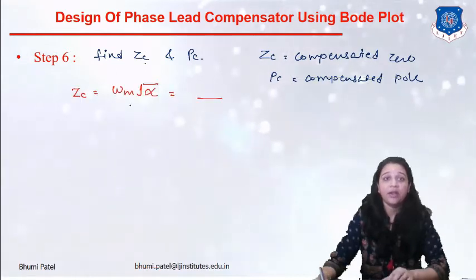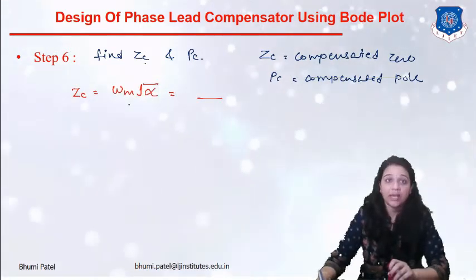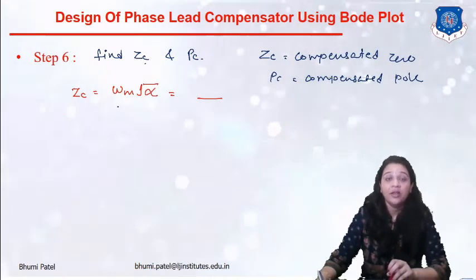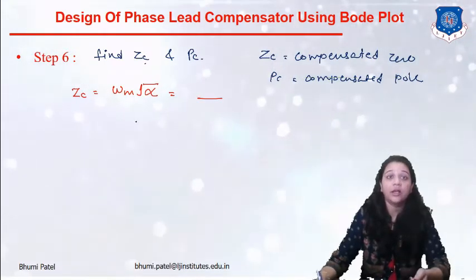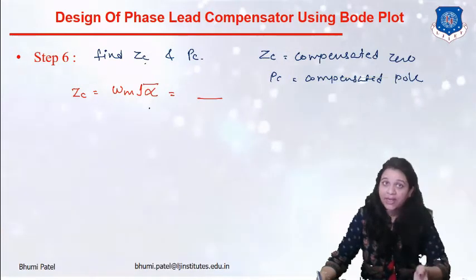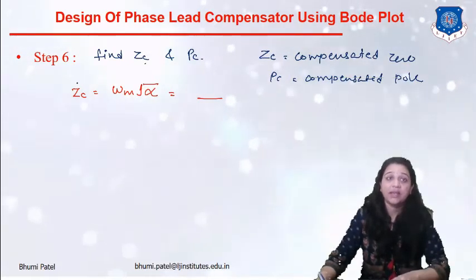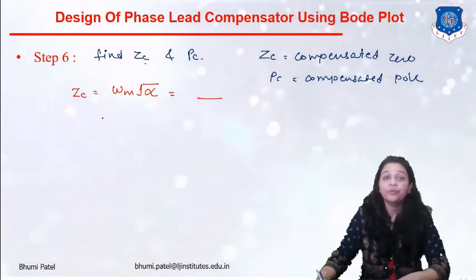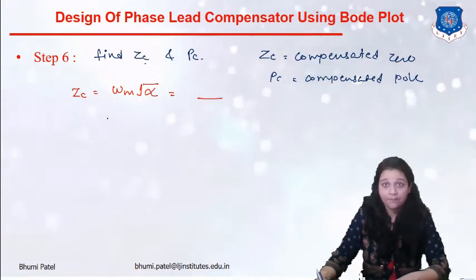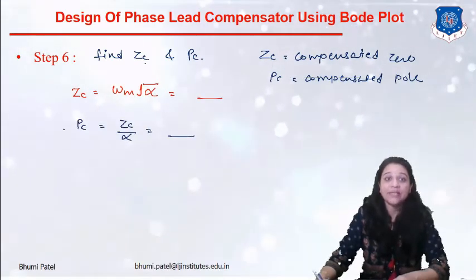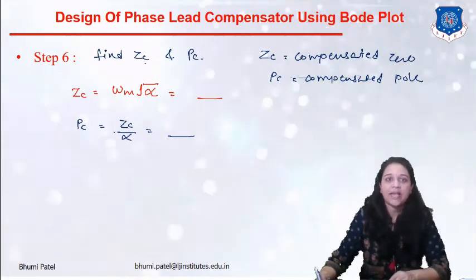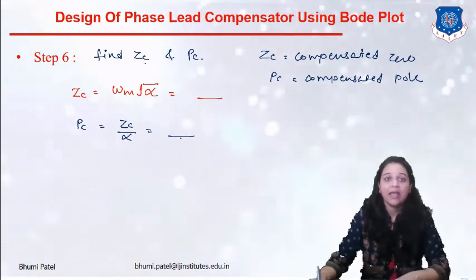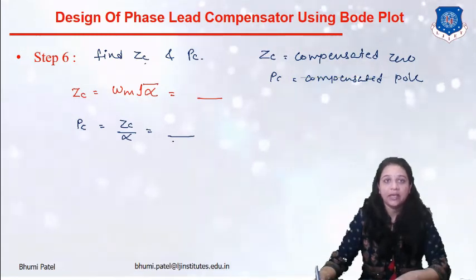The equation for ZC is equal to omega m times the square root of alpha. The values of omega m and alpha are here, so put the values of omega m and alpha in this equation and we can get the value of the compensated zero. After that, PC is equal to ZC upon alpha. Put the values of ZC and alpha in this equation and we can get the compensated pole.